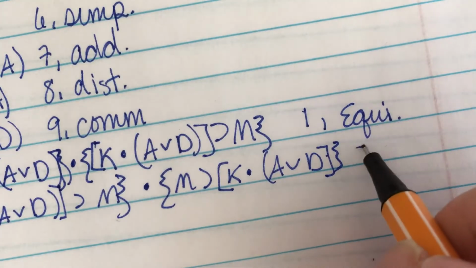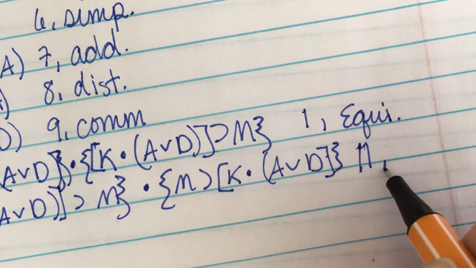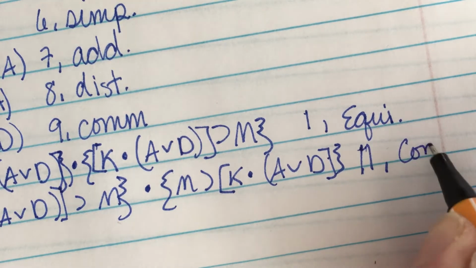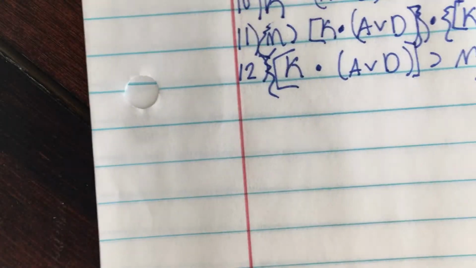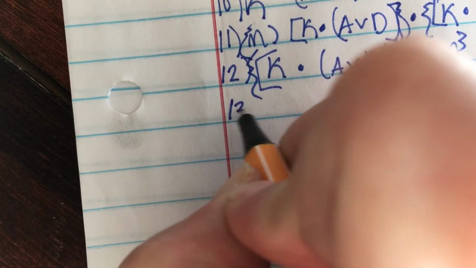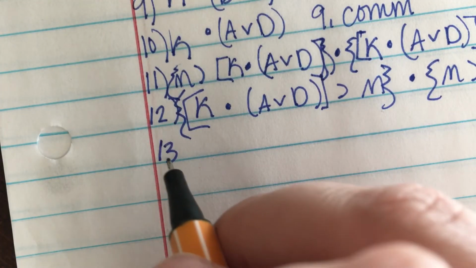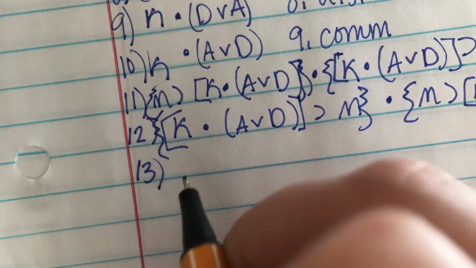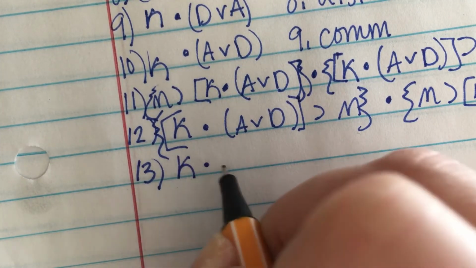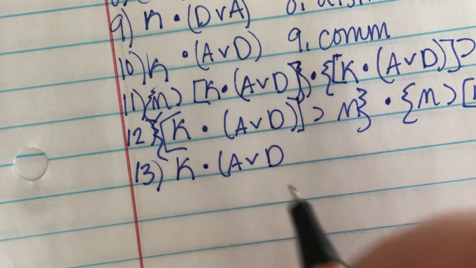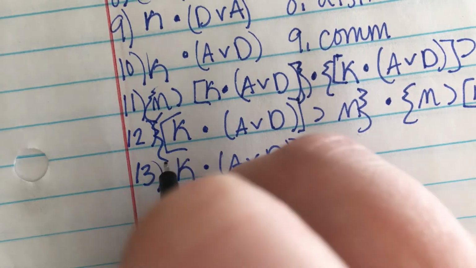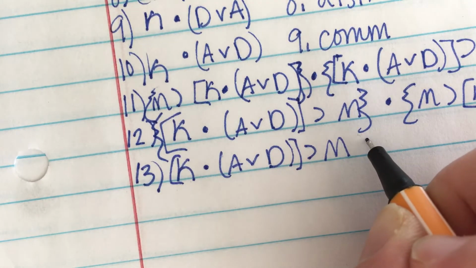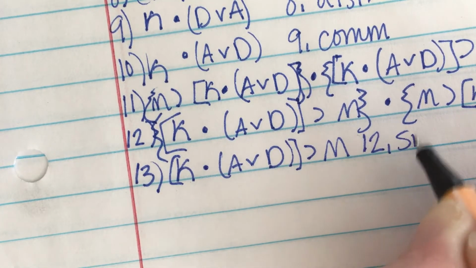So I just flipped them around. So that would be by 11 commutation. And then line 13 is, it's about to get easy. Here we go. I hope you see what we're about to do. K and A or D, then M. Okay, and that's from 12 simplification, right? We just got rid of the second conditional.